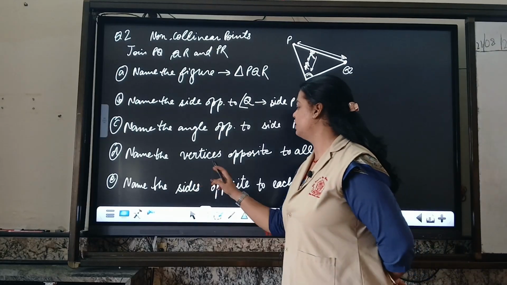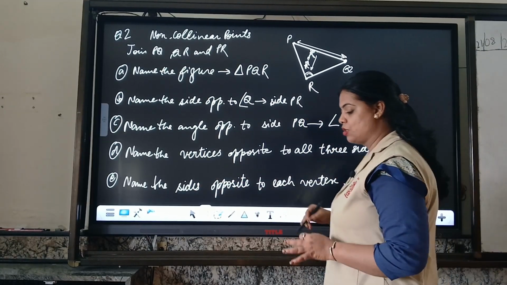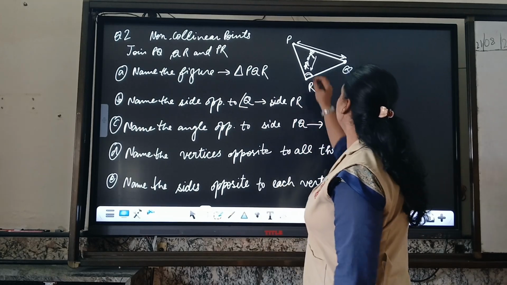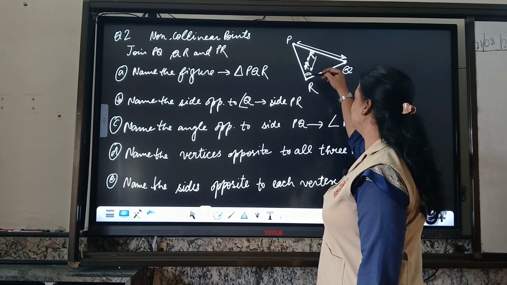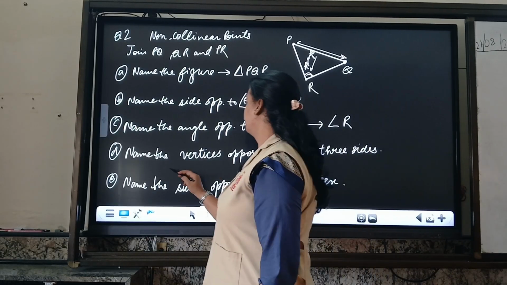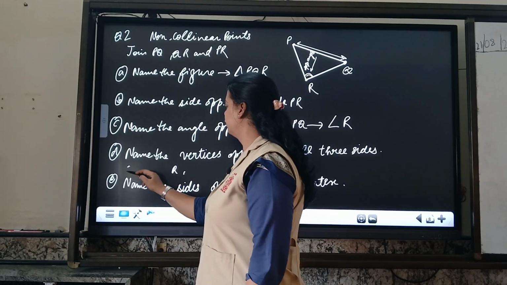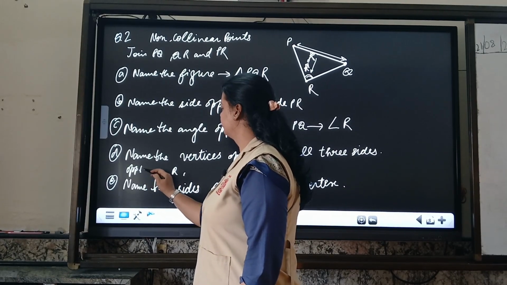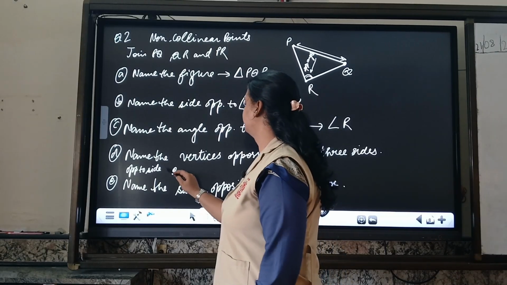Now name the vertices opposite to all three sides. Vertices means corners. If I am taking side PQ, what is the opposite vertex? Opposite vertex is R. So R is opposite to side PQ.